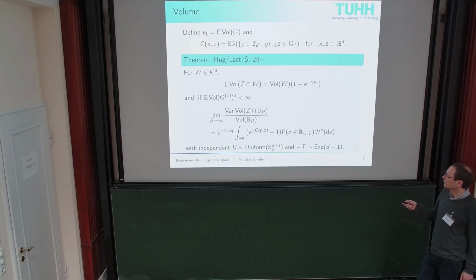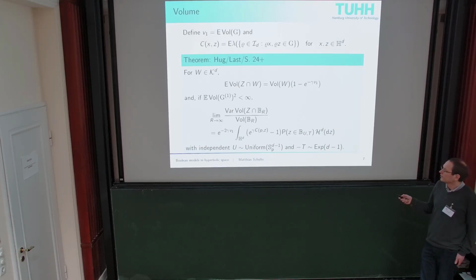And then we can prove that the limit is given by this expression here. So we have here a first term involving the covariogram of the typical grain, and then we multiply here with the probability that the point that we integrate over belongs to some random horoball.